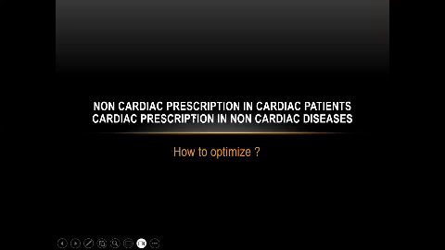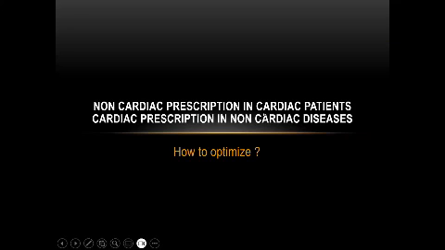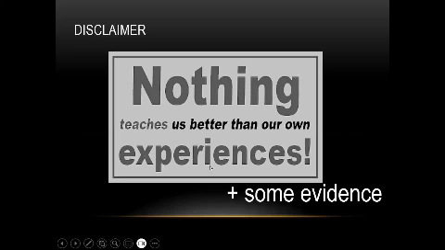How is your approach going to be changed? What drugs do you have to select according to the non-cardiac situation? Or when the patient has a cardiac disease in a non-cardiac situation, how are you going to change your cardiac prescription? So basically, we try to optimize these prescriptions.